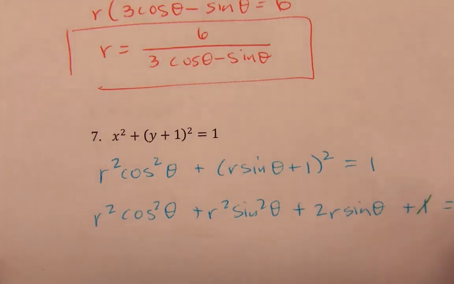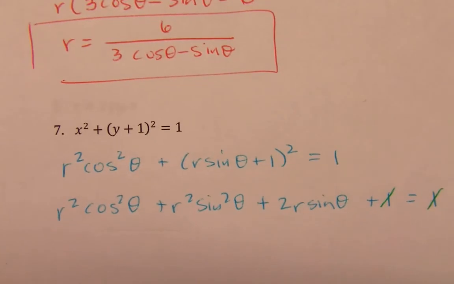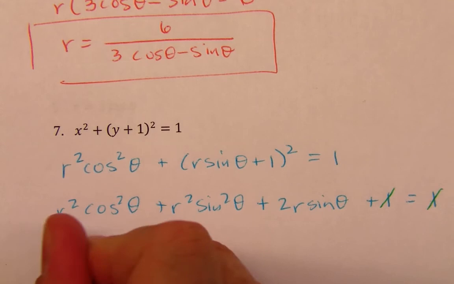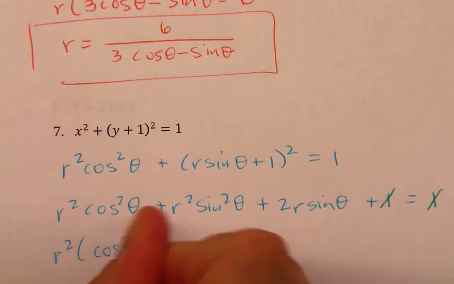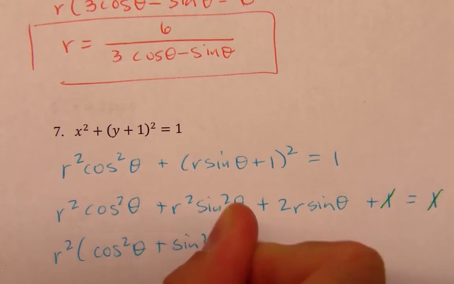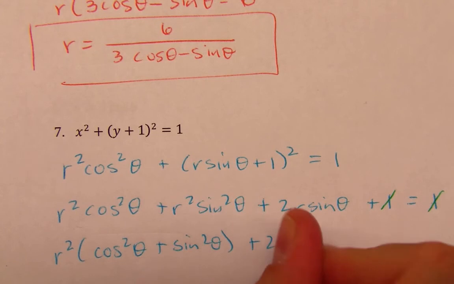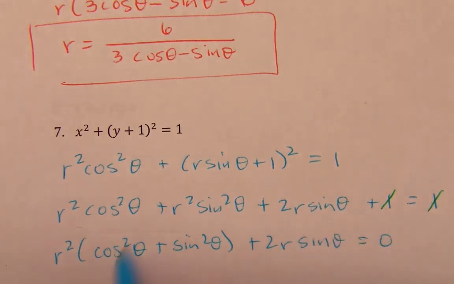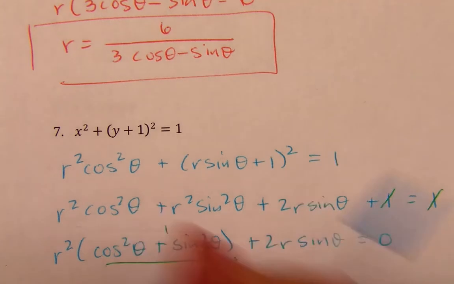Well, I can subtract 1 from both sides, and I can pull out my r squared here. And this, we know, is equal to 1.